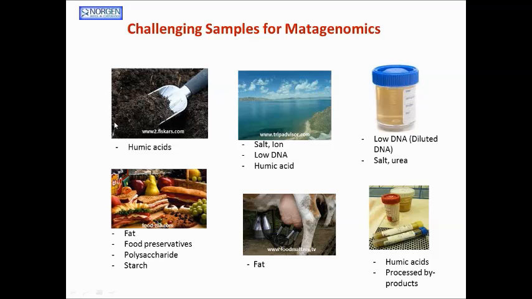Humic acid is one of the biggest problems when isolating DNA. The level of humic acid inhibits PCR or any other downstream applications.